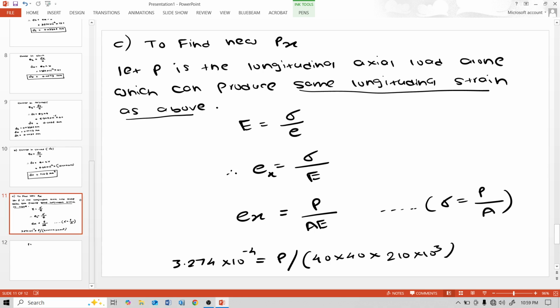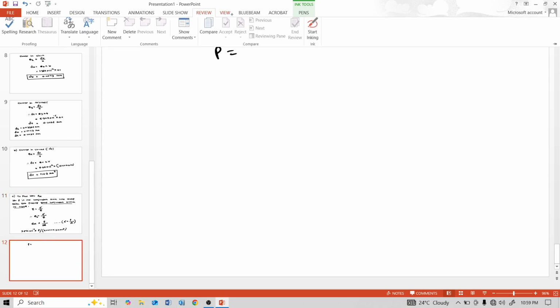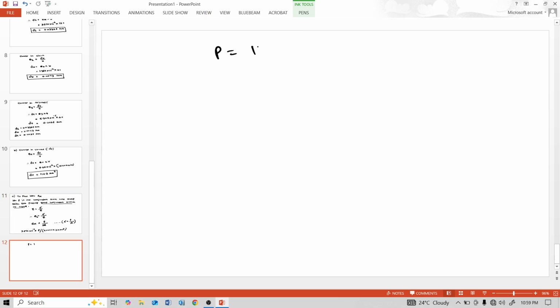So P is 110 kilonewton. This is load acting along x direction.